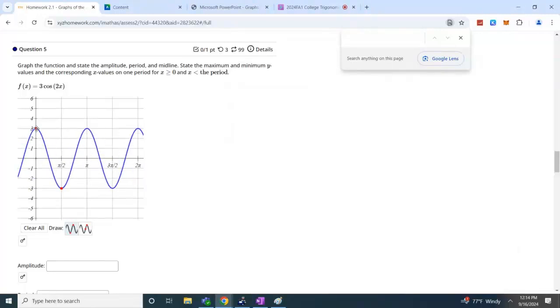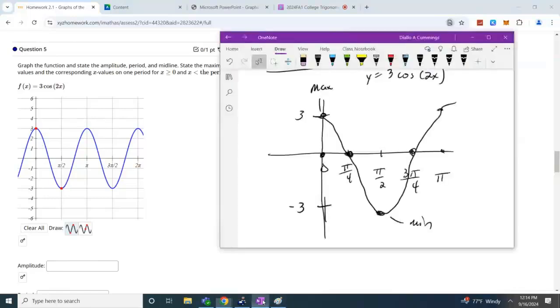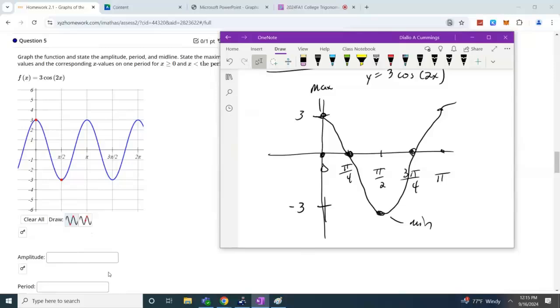And then I'm going to plot the maximum point. Okay, and that looks like it gives me about the right shape. So just a key thing, notice when we sketch it out by hand, we're going from 0 to pi, but on this answer key, they're going from 0 to pi over 2. So just make sure that you're graphing within the right interval.